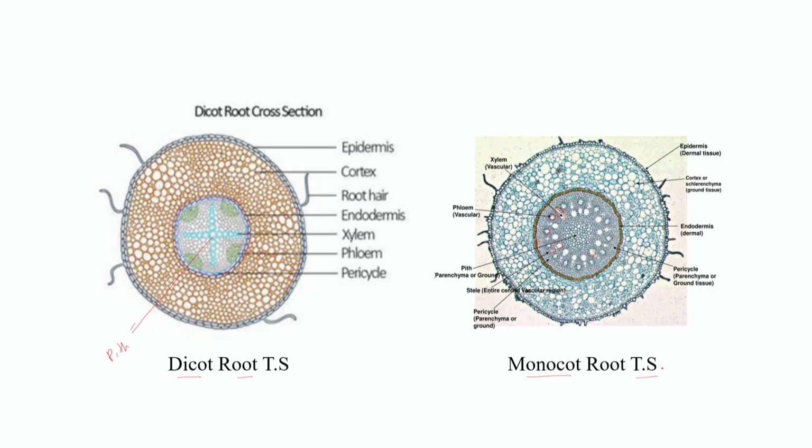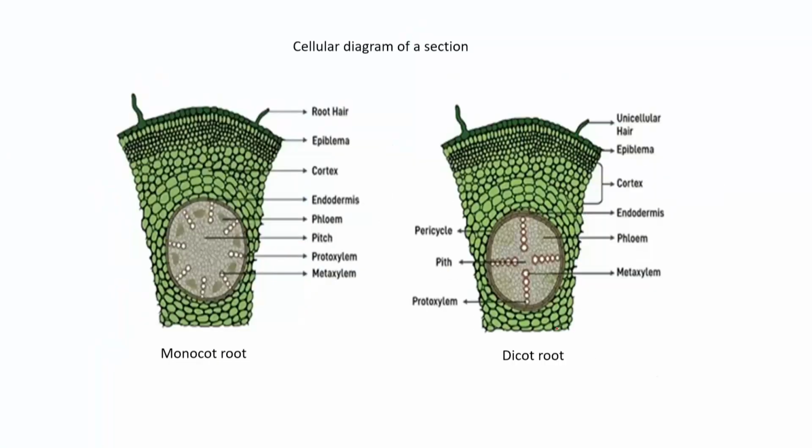Now, when we actually draw a cellular diagram, although it is a cellular diagram only, there is also a way of drawing it, like I have shown you in several cases. When we draw an outline, we generally try to make it a complete outline showing all the layers. Generally, like stem or root, you have a circular outline, but it's not necessary.